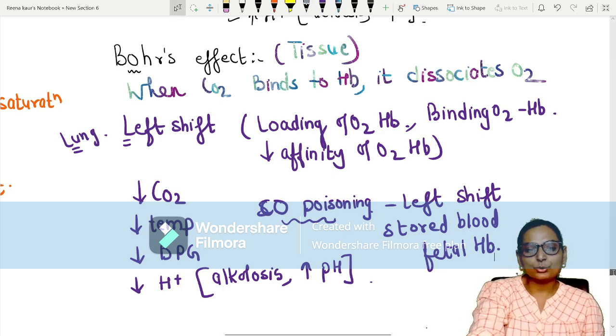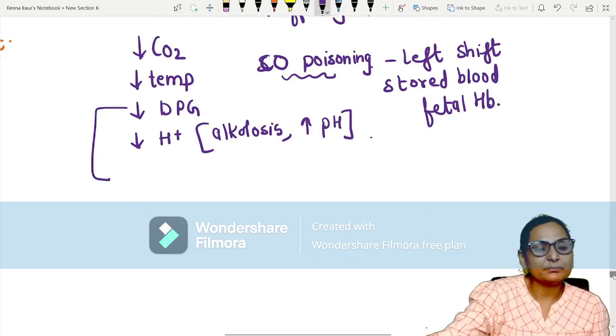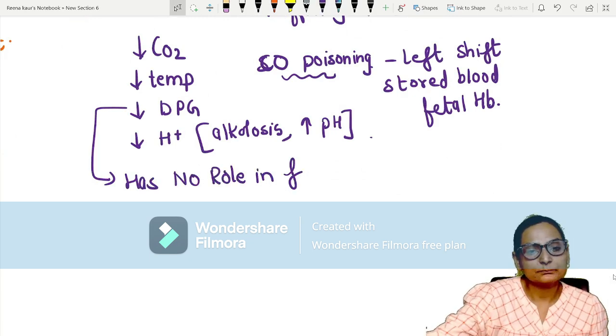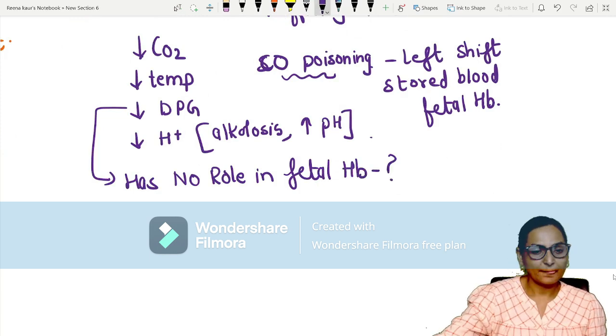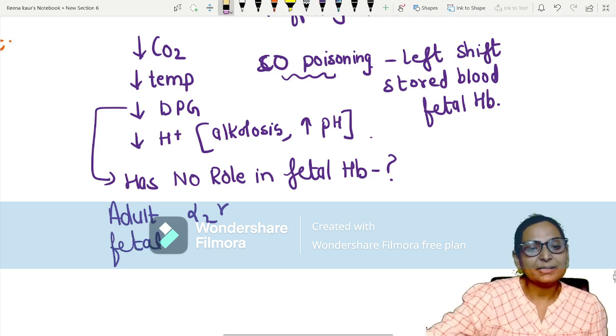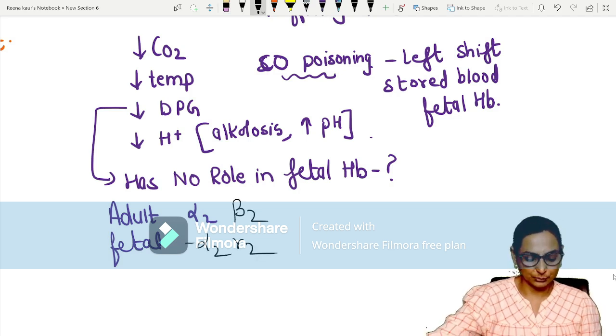And DPG has no role in fetal hemoglobin. What is the cause? Adult hemoglobin is alpha 2, beta 2. But the fetal is alpha 2, gamma 2.